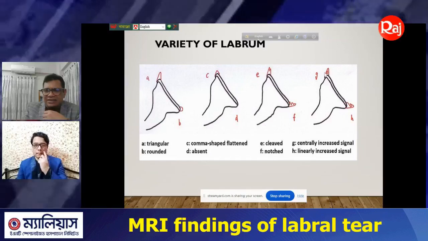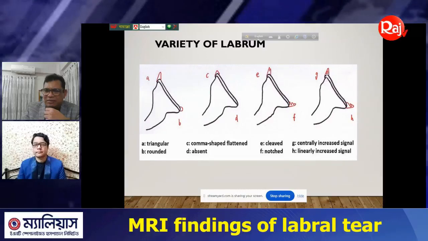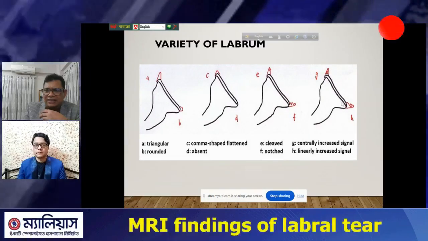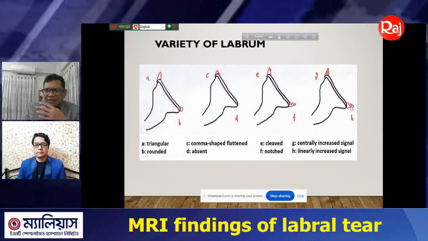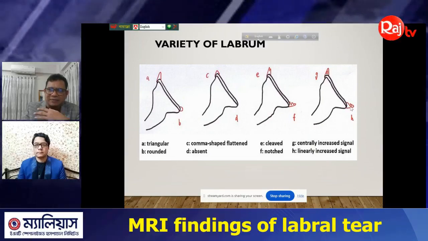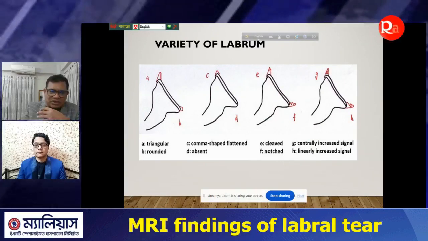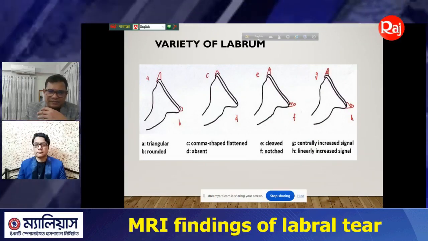Sometimes we can find centrally increased signal intensity of the labrum, and linearly increased signal in the labrum is also found. These are the varieties of labrum, but in most cases it is triangular in cross section or rounded in shape.